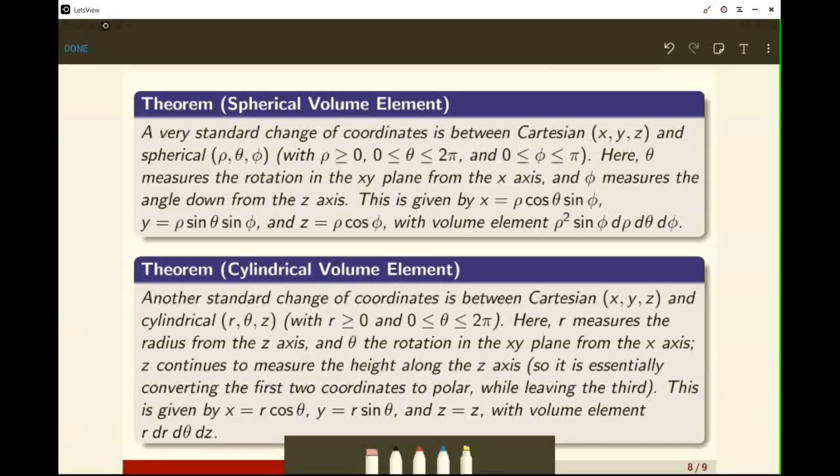It's important to note that while this is the convention we're using, it's also fairly common to have the convention where the last angle in spherical coordinates measures up from the xy plane, so phi equals 0 would be on the xy plane rather than along the z-axis.